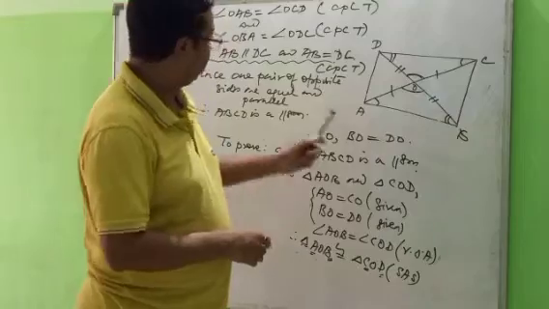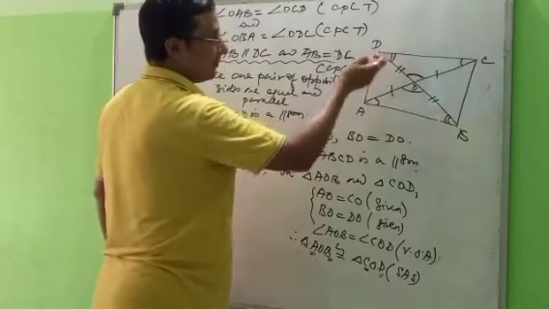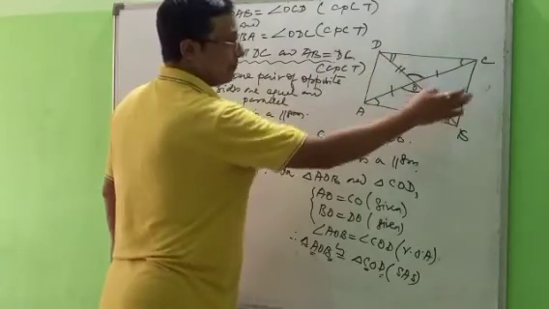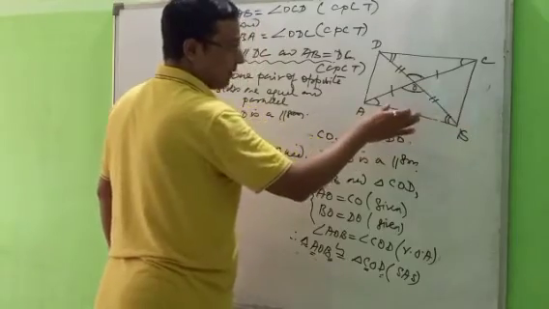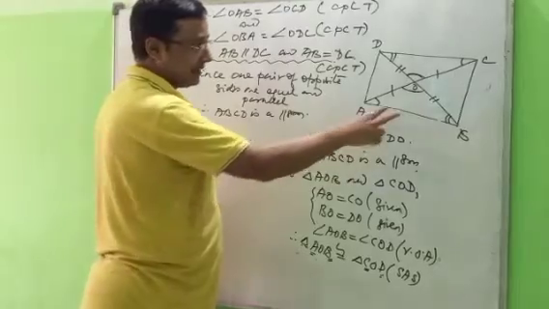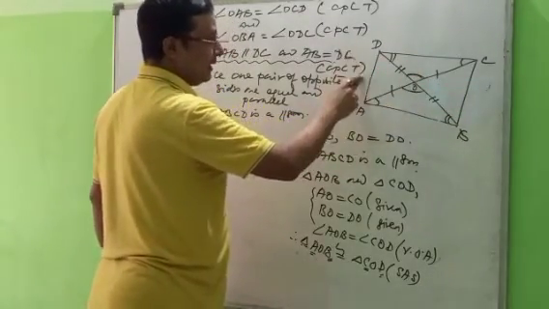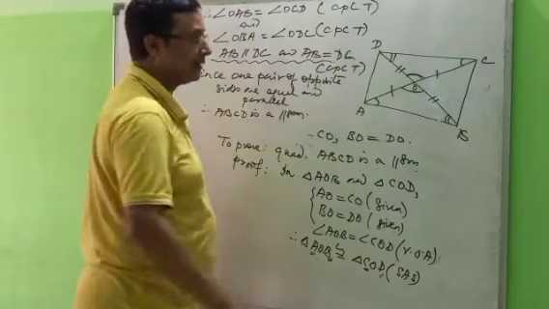Third one is if both pairs of opposite sides are equal, that means AB equals DC and BC equals AD. In that case also the figure will be called a parallelogram.